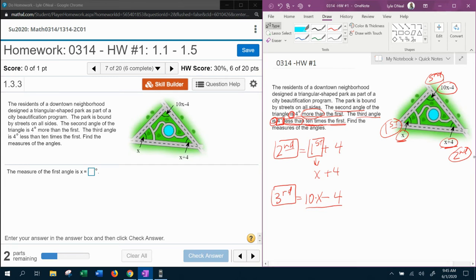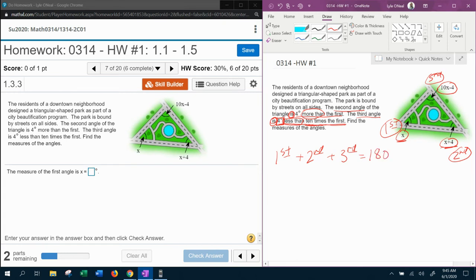All right, so now the next step, if I can get rid of this bit of work here, the next step is to take this information and come up with an equation, okay? So we know that the sum of the angles of a triangle always add up to 180. So the first angle plus the second angle plus the third angle, all 3 angles will always add up to 180.